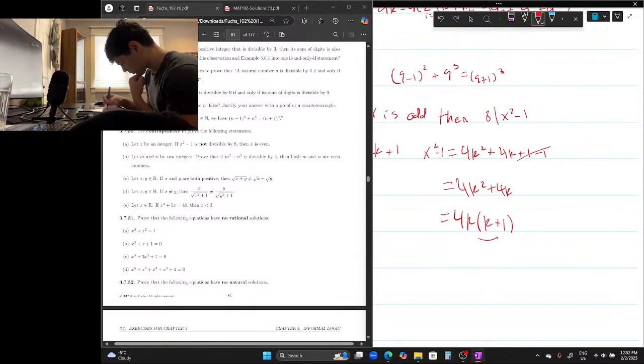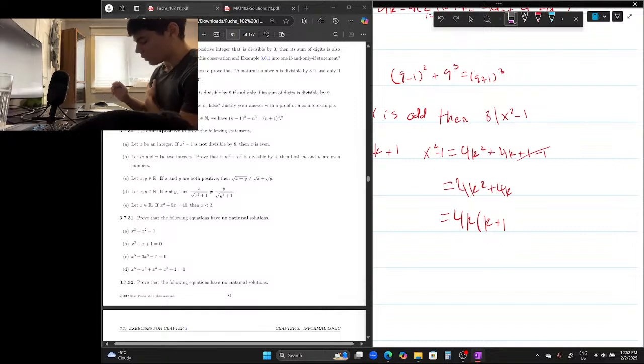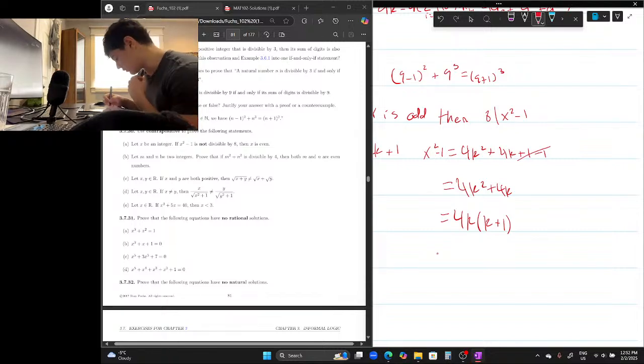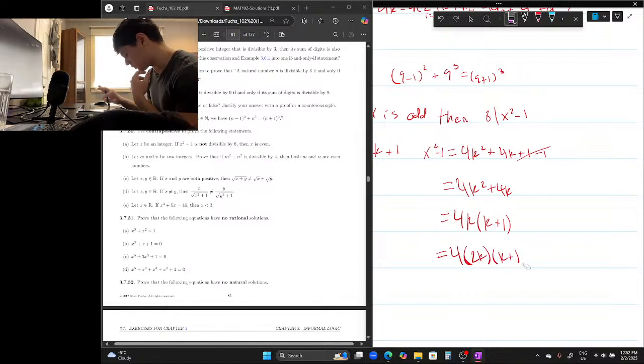So okay, k and k plus 1 are consecutive integers. So one of them must be even. Doesn't matter which one. Either way, let's just say k is even, just for the sake of simplicity. Actually, this would be odd, so whatever, doesn't matter. We leave it as k plus 1.